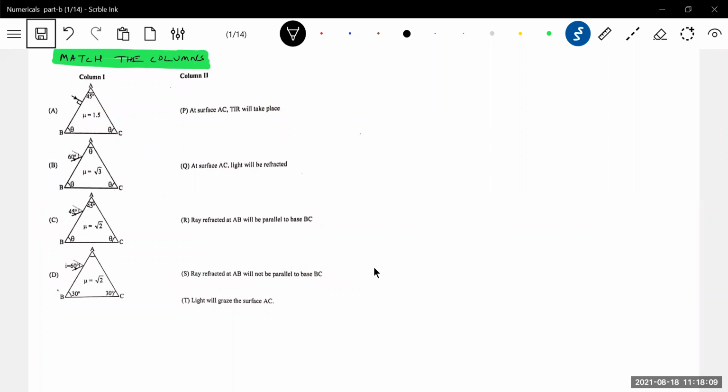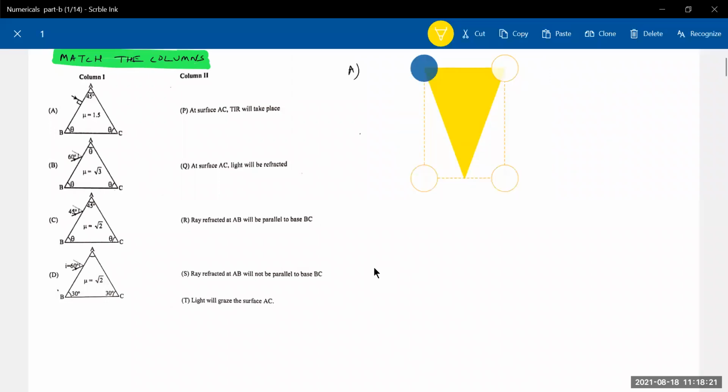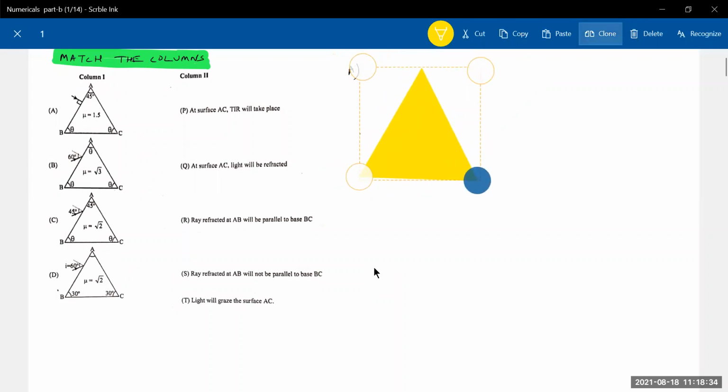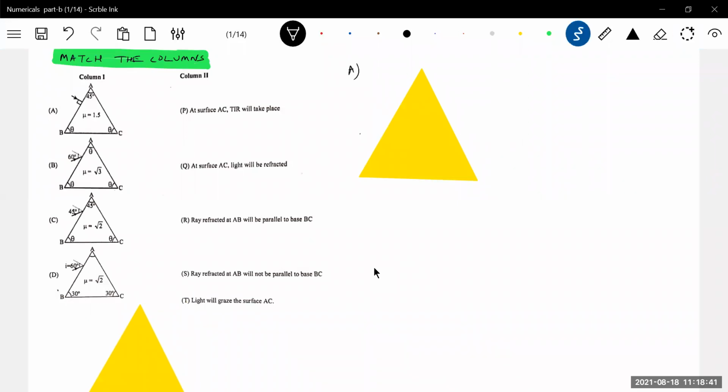I think we'll take each one individually. The ray is incident normally on one of the faces.